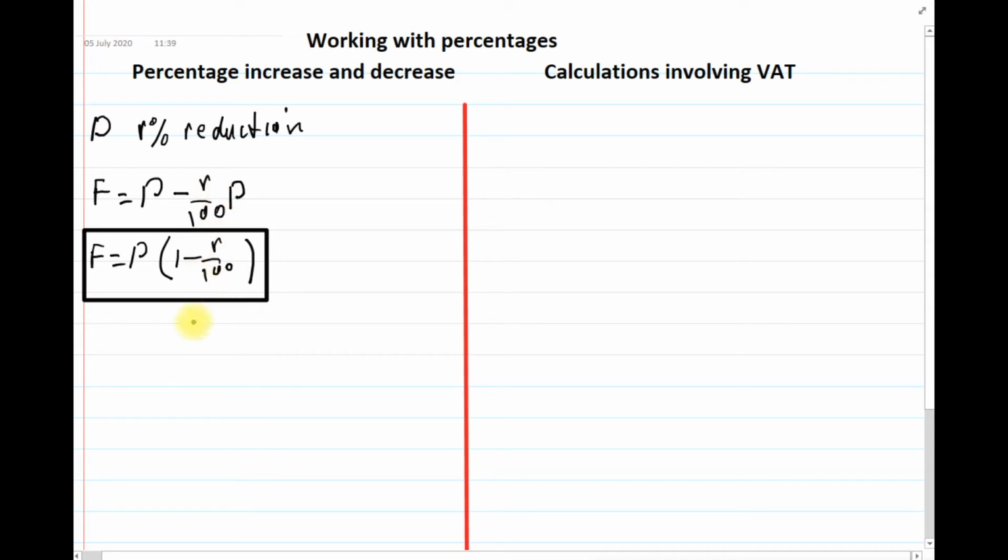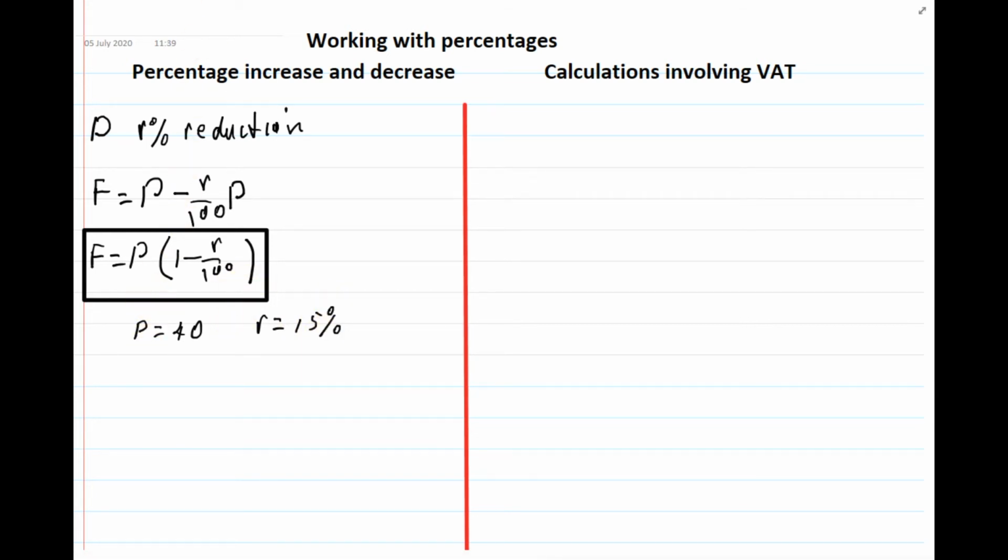In the example that we had, P was 40, the original price, and R was 15%.